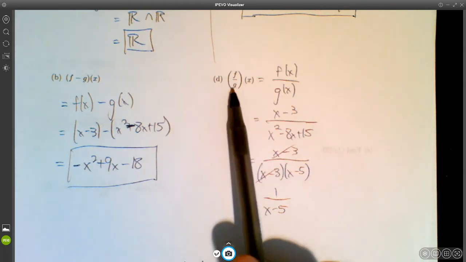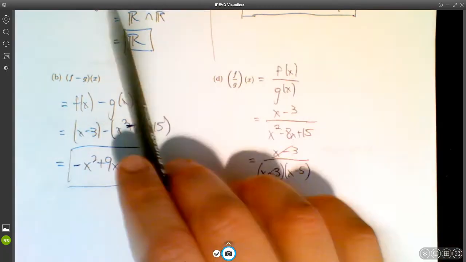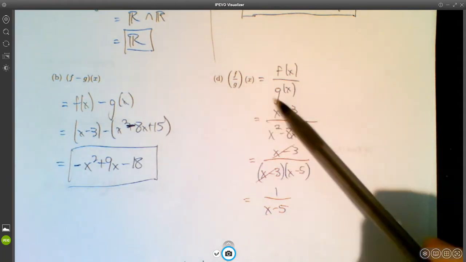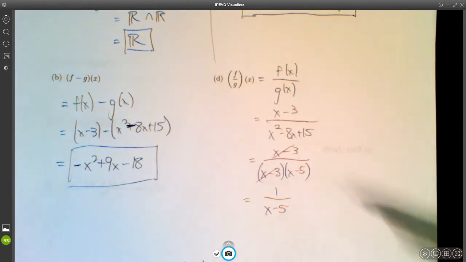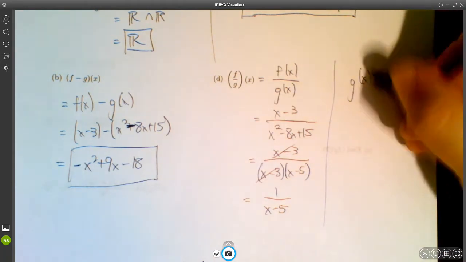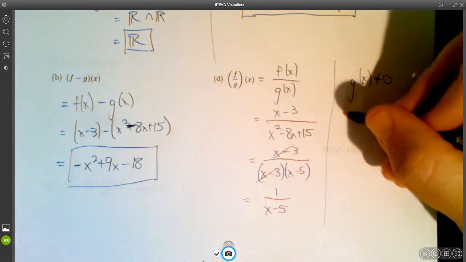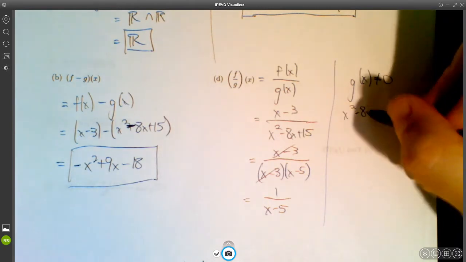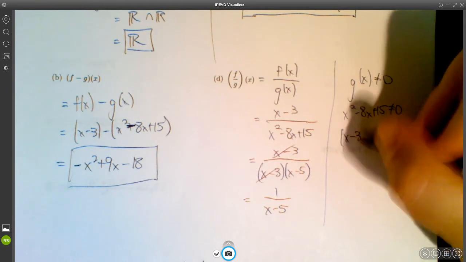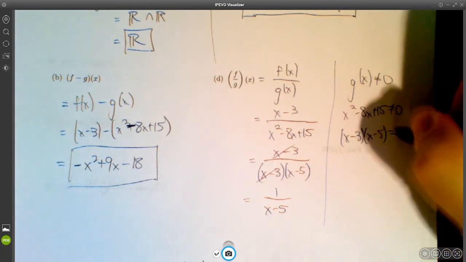So remember, the domain of f over g is going to be the same as the domain of f plus g, f minus g, f times g, except that you have to kick out the values where g of x is 0. So as far as the domain is concerned, I need to make sure that g of x is not 0. That means x squared minus 8x plus 15 can't be 0. That means x minus 3 times x minus 5 can't be 0.